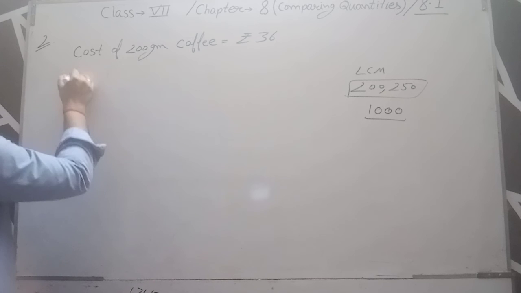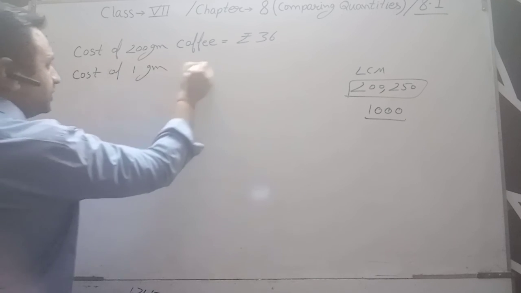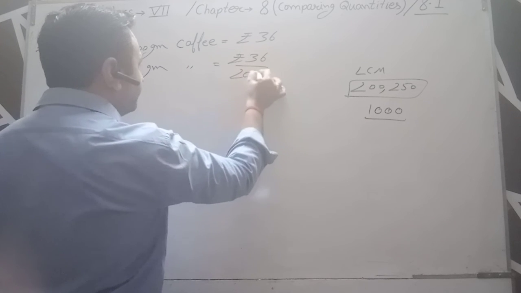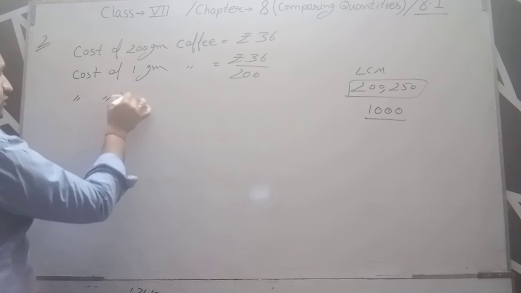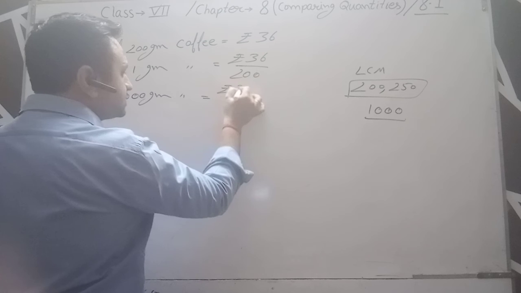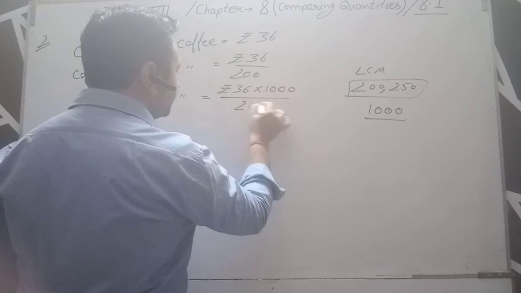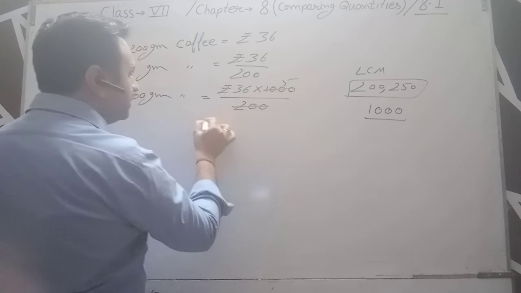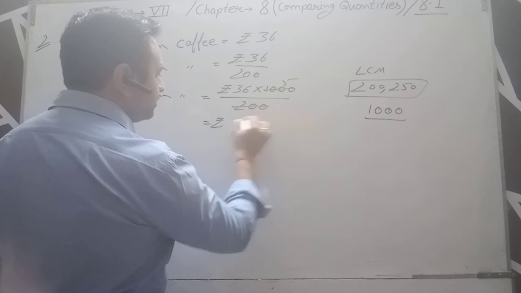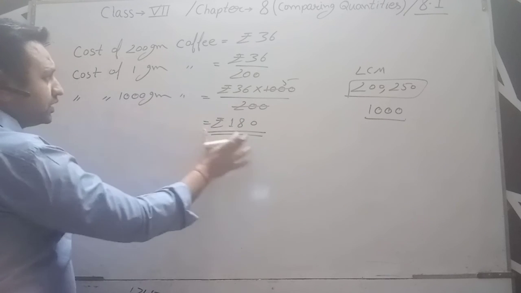Using the unitary method, cost of 1 gram coffee is ₹36 upon 200, and cost of 1000 gram coffee is ₹36 multiplied by 1000 upon 200, and it is ₹36 multiplied by 5, which means ₹180. So it is the cost of 1000 gram coffee.